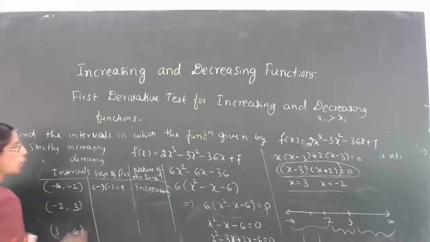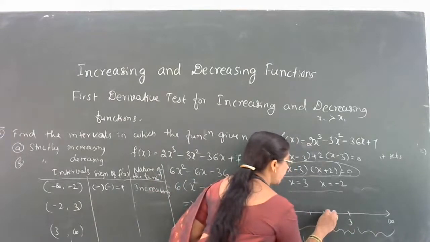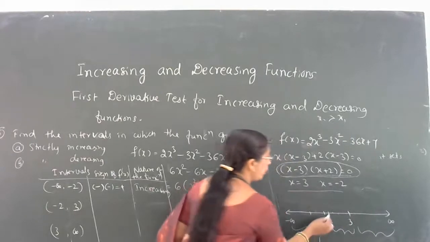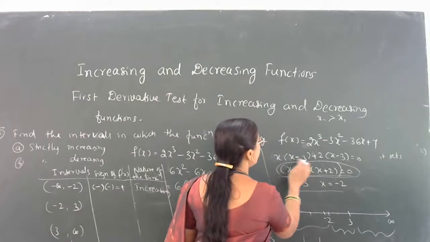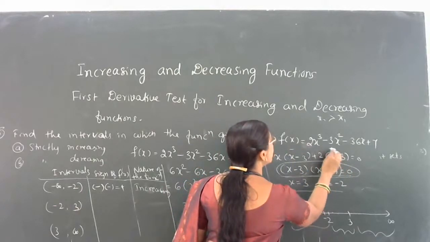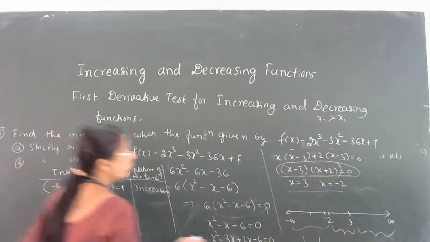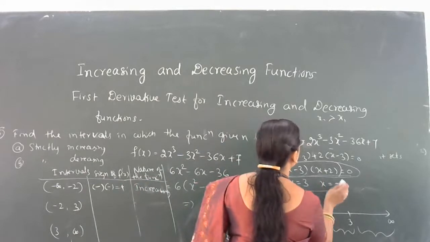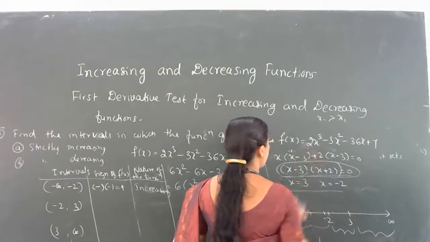Second one, minus 2 to 3. Here between minus 2 and 3, we take minus 1, 0, etc. We take minus 1.